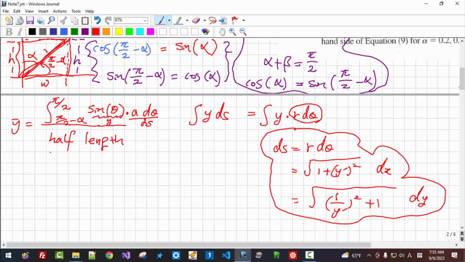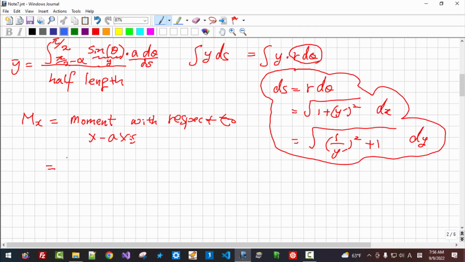Then I will say Mx, the moment with respect to the x-axis, is, I will use this color, the integral from pi over 2 minus alpha to pi over 2 of sine theta. We need a d theta.